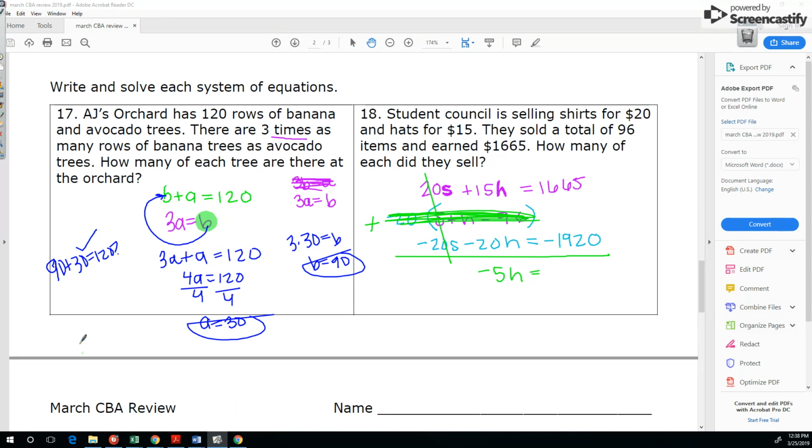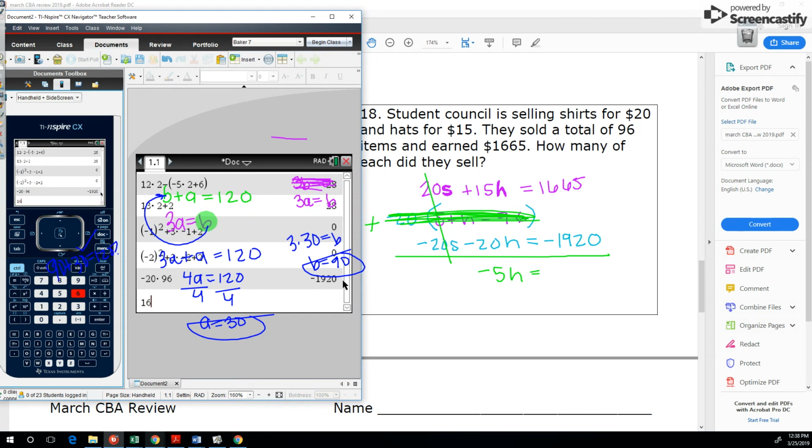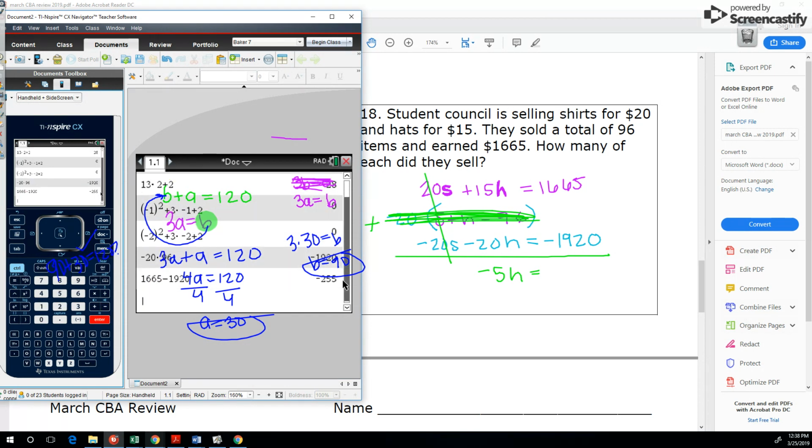And then I'm going to use my calculator for this. 1,665 minus 1920, negative 225. No, not 225, 255.